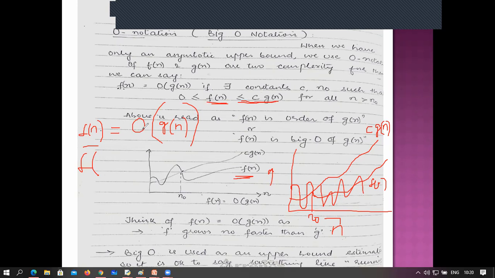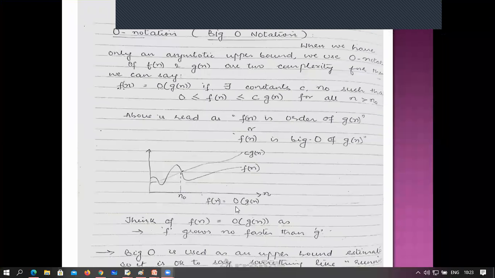C is matlab I'm multiplying this gn with some constant value for all n greater than n naught. That means before the value of n naught, value of fn may be greater, it may be smaller. यहाँ again greater हो गई है. But जब value of fn n की value है जो n naught से greater है, तो fn is always lesser than the cgn. When fn is coming out to be lesser than cgn, it is not greater than this, then you can say fn is big O of gn.